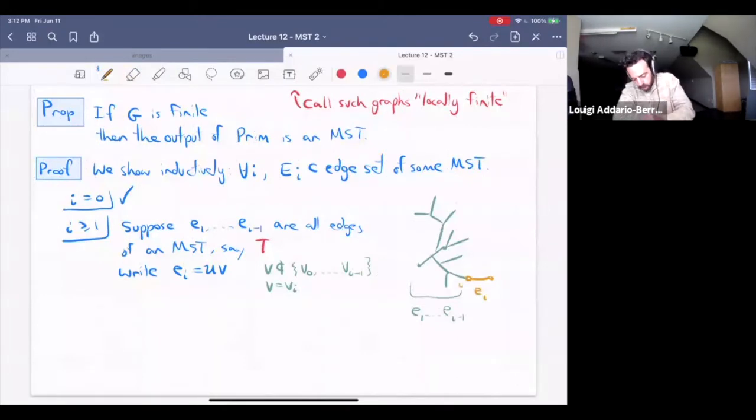Okay, so there it is. And now I want to think about the path between the endpoints of this ith edge in the tree T. So let gamma be the uv path in T. Okay, so there's two possibilities. Maybe gamma is actually just the edge uv. This is an edge of T, and that's great.